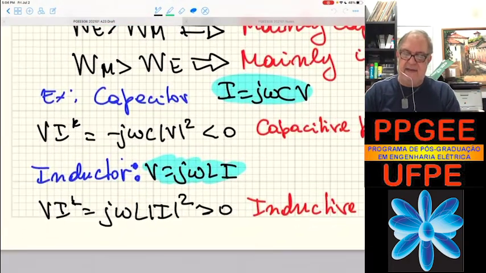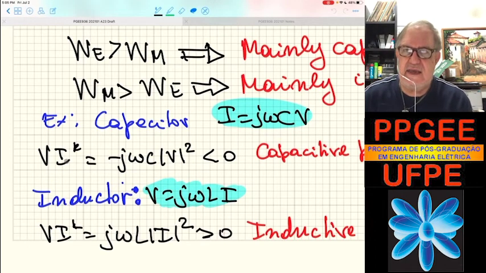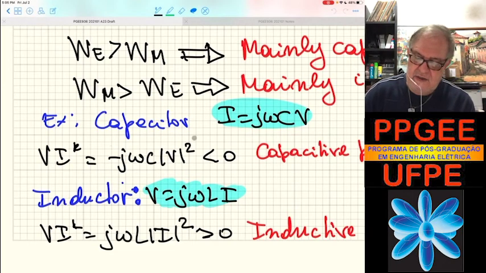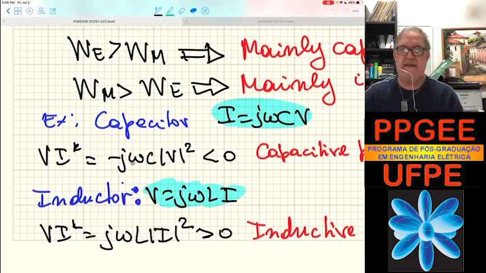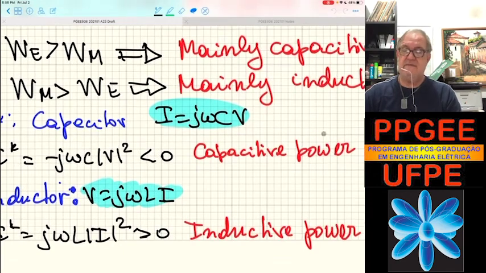You can see that by looking into a circuit model. VI conjugate gives the power. If you look into a capacitor, I equals j omega C V. VI conjugate is proportional to the complex power. I conjugate is minus j, right? So you're going to have a power which is negative imaginary, so it means that this is a capacitive power, right?